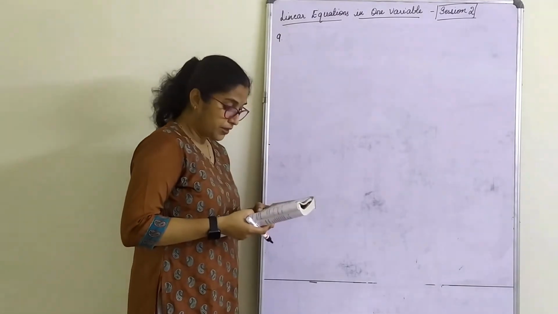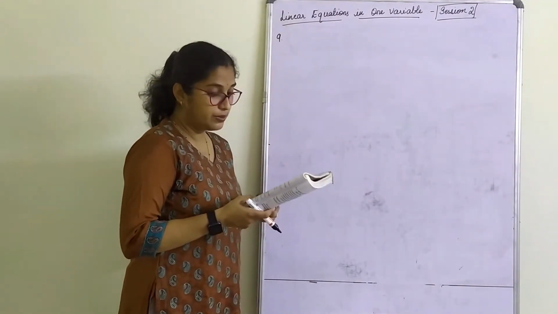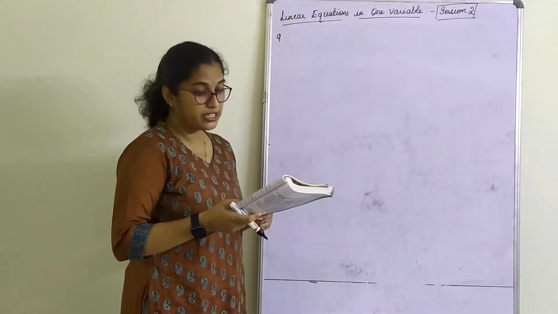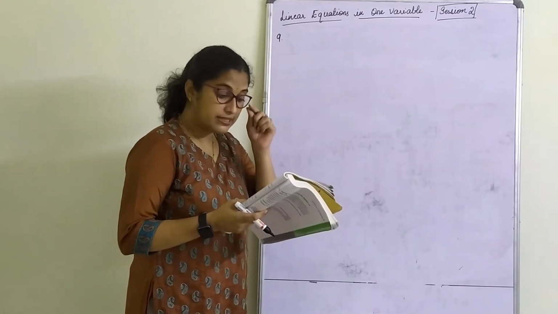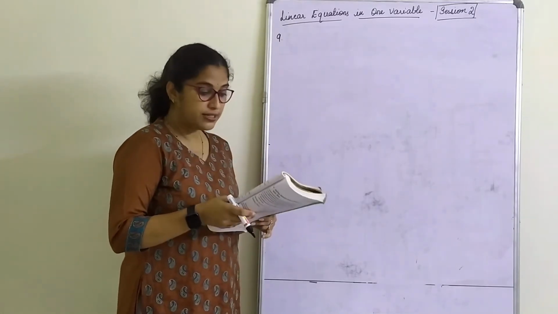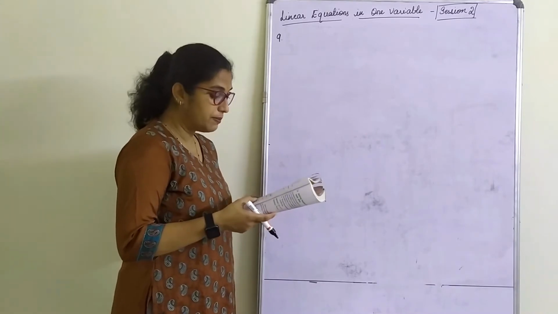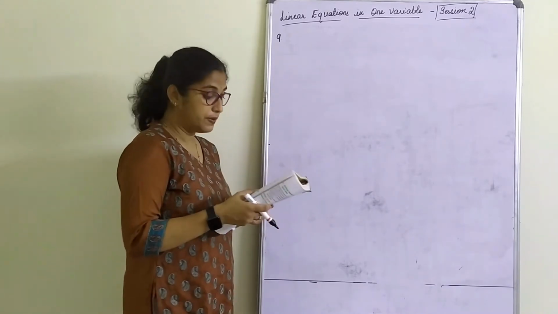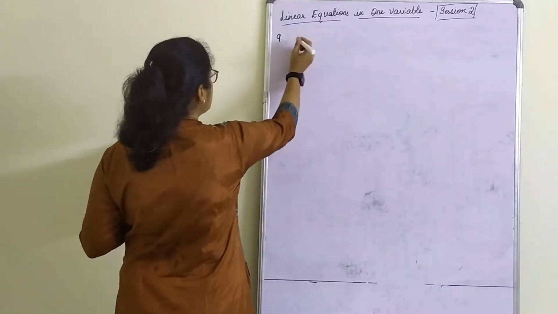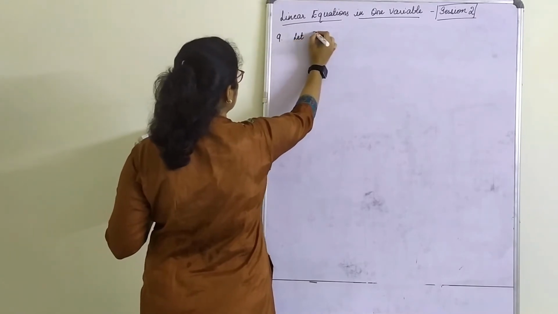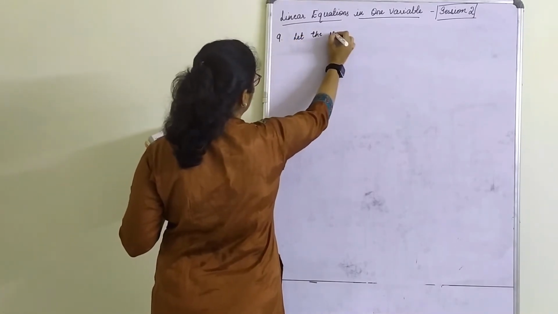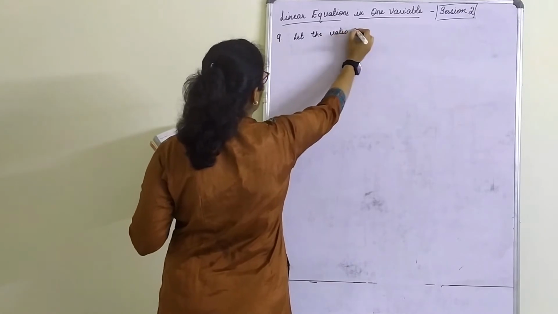Ninth one. The ages of Rahul and Harun are in the ratio 5:7. That is the ratio, we consider that as x. 4 years later, the sum of their ages will be 56. Find their present ages. First of all, let the ratio be x.